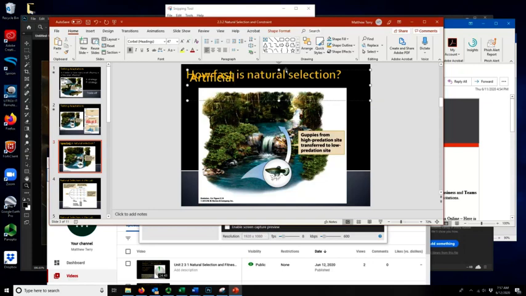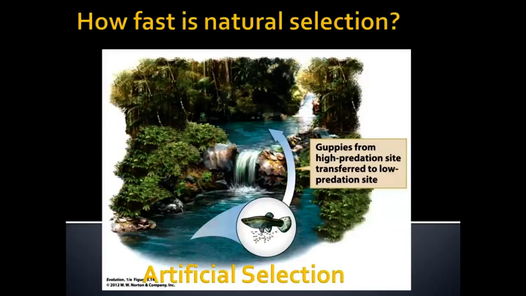Let me put it in here, artificial selection. So it's really just natural selection, but humans are determining the selective environment. So humans decide who gets to reproduce and who doesn't. And artificial selection is just a very, very strong form of natural selection with humans doing the decision making.